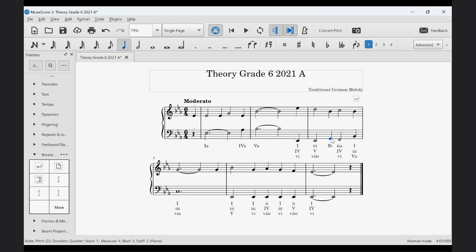Okay, and then from here we work backwards from the cadence, and we have a D. So a D skip down. So over here, this being an upbeat again.